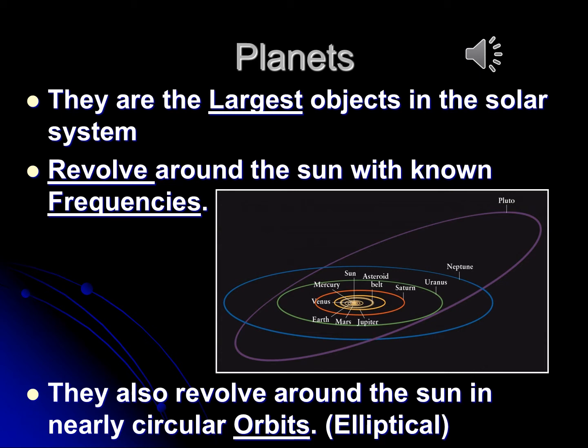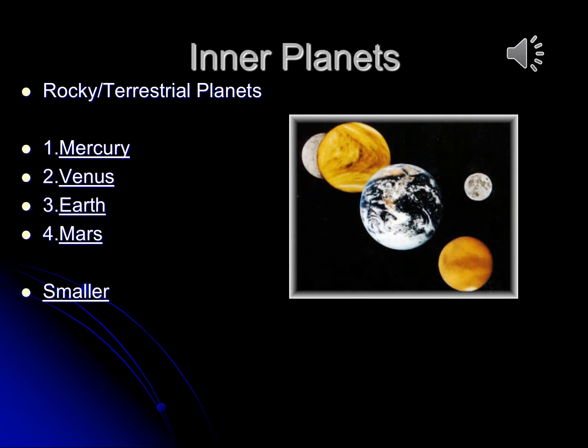So, for example, Earth revolves around the sun in 365.4 Earth days. So, obviously, the further out you go, the longer the frequency is going to be. Now, all these planets revolve around the sun in a nearly circular orbit, which means it's elliptical. It's not a perfect circle, it's a little bit more oval.